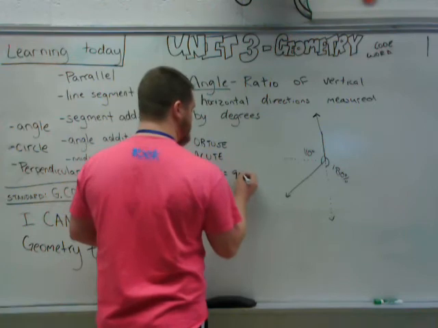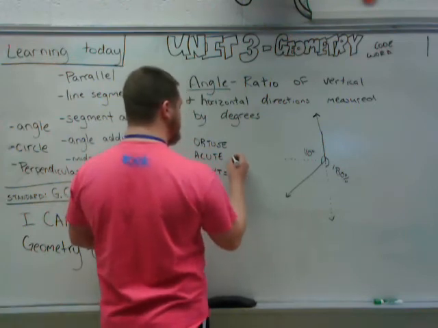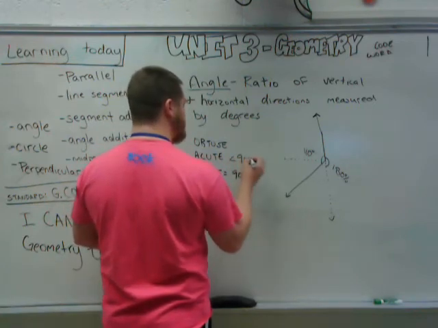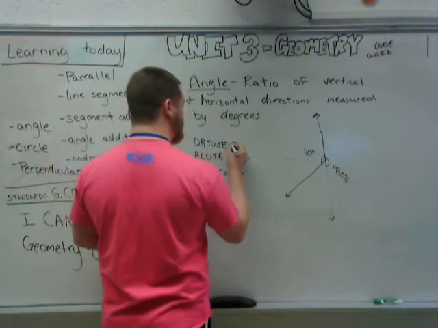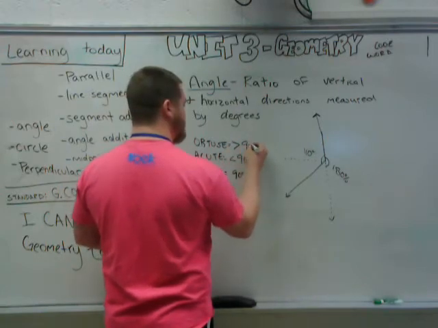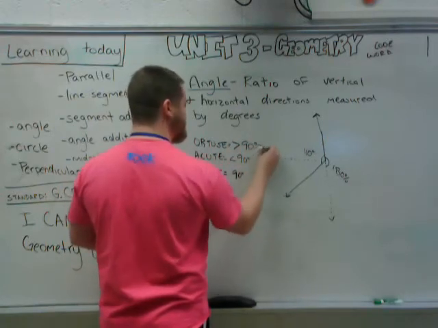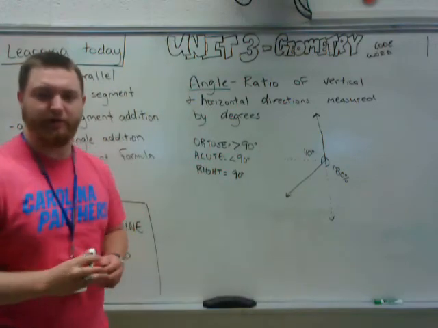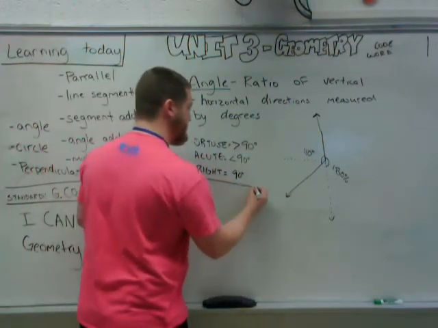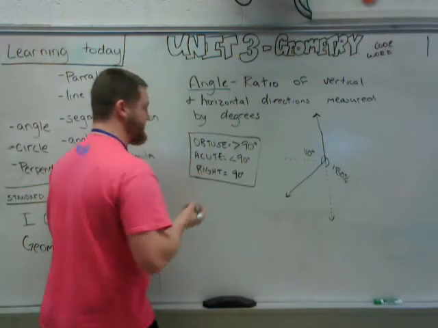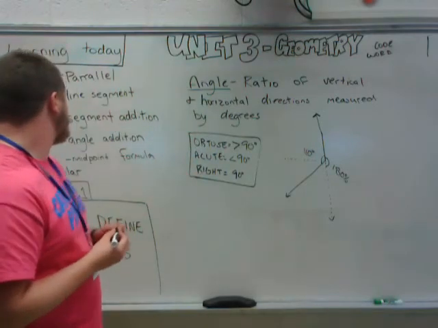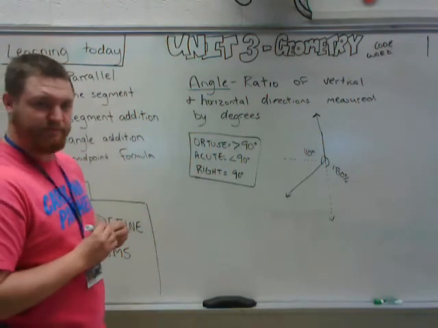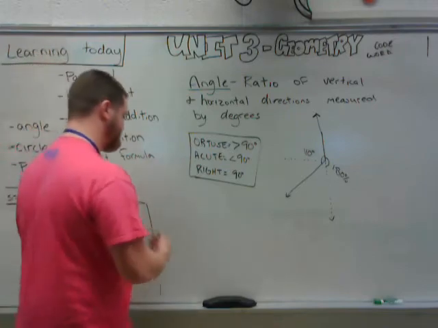Right is 90 degrees. Acute is less than 90 degrees. And obtuse is greater than 90 degrees. There you go. That's all we're going to do with angles right now. For the time being. Okay?